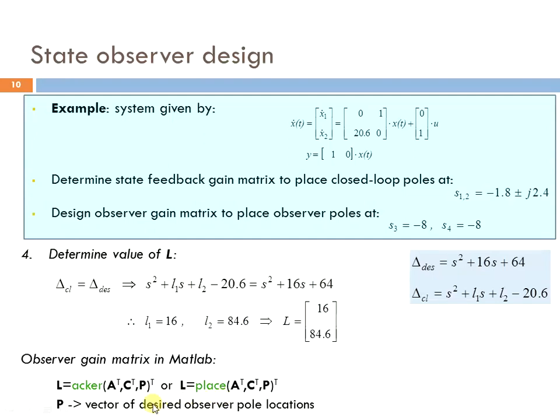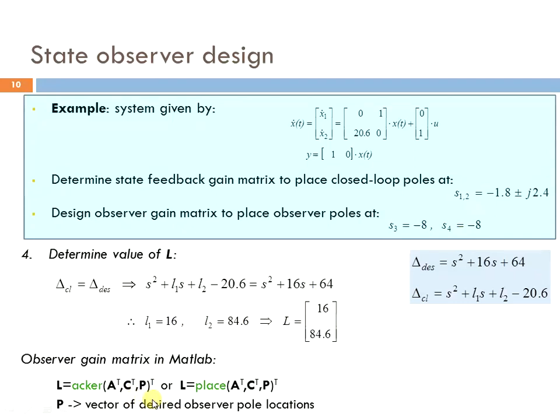In this case, the input arguments are the state matrix A, the output matrix C, and the vector P, which basically contains the desired observer poles.